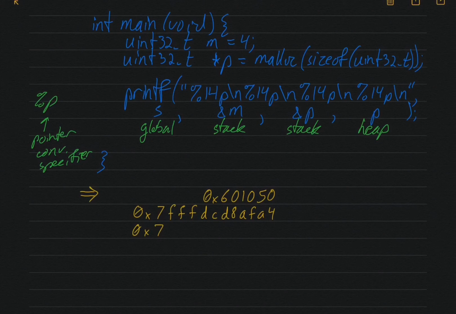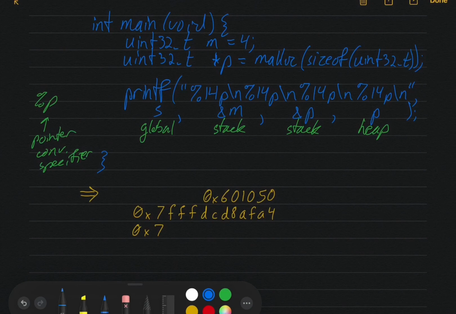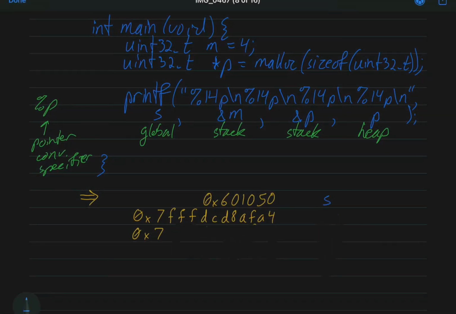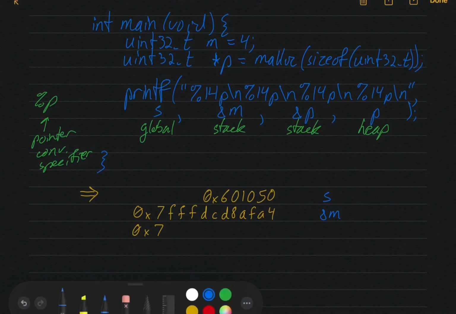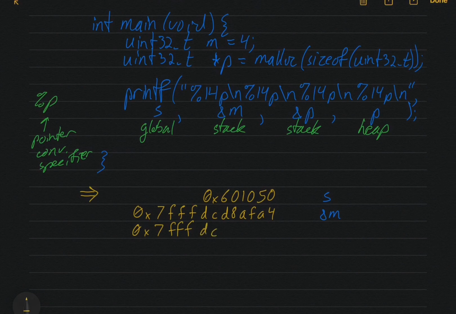So let me just switch my color here. So this is the contents of s. And the next one was the address of m, which is on the stack. Let's keep going with the next one, the address of p. And it's all the same except for the last digit is an 8.